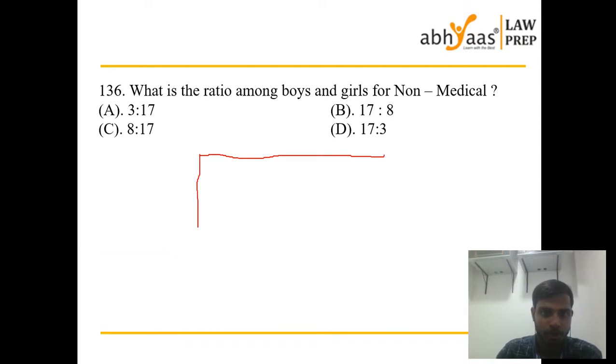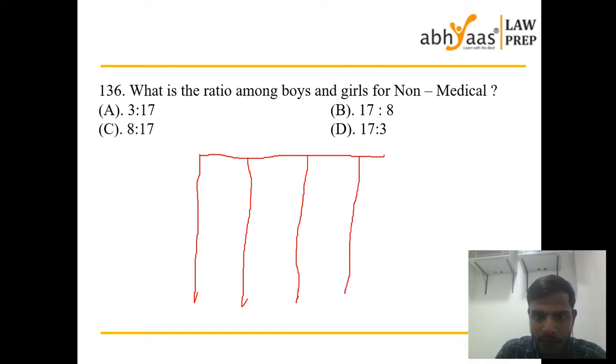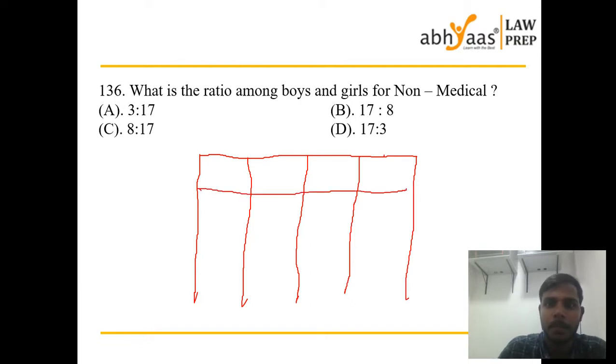So I'm going to make a table. This is the stream, the total number of girls, the total number of boys, and this is the total number of students. The first thing is the stream they are opting for.